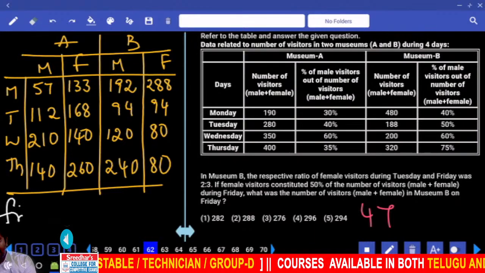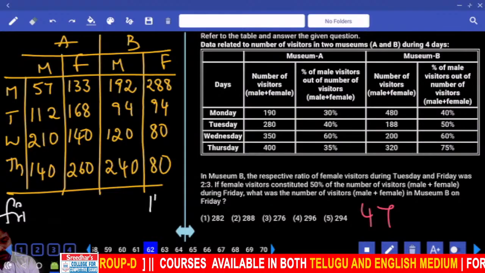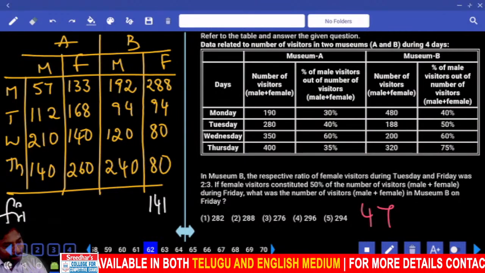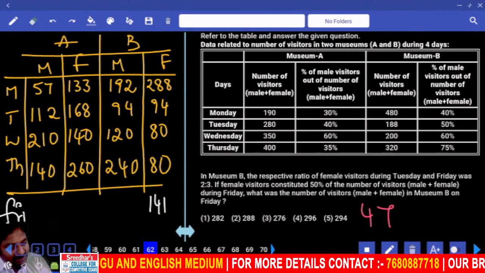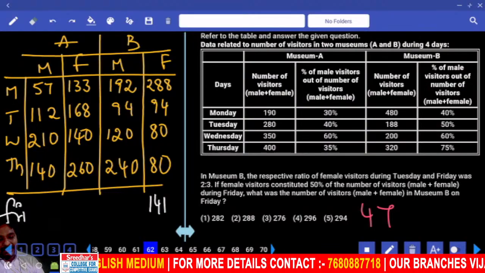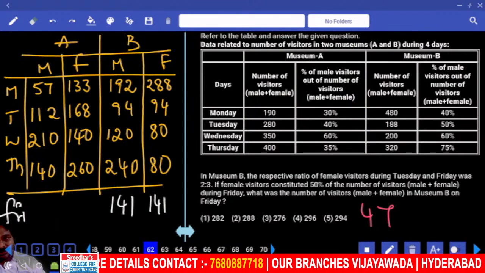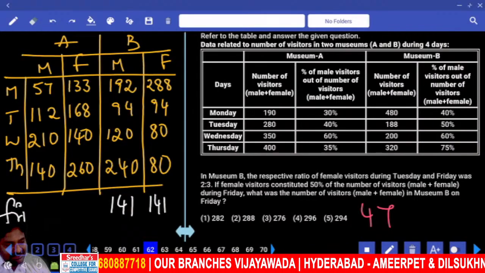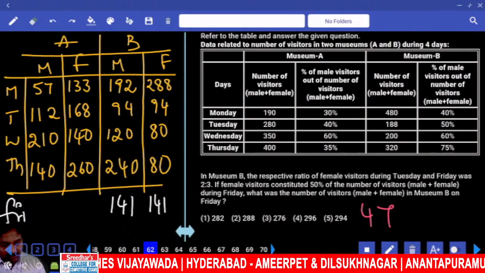On Friday it will be 3 parts, 3 times of that number, 141. If female visitors constituted 50% of the number of visitors during Friday, that means remaining 50% are male, which are 141. What was the total number of visitors in Museum B on Friday? Sum of both male female, 282.